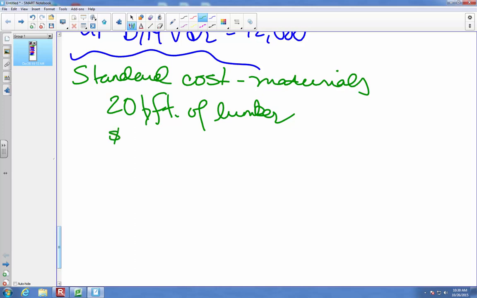Because it's scrap and really basically waste wood, I'm getting it for a dime per board foot. So you can easily see how much material should be in one crate. $2, right? 20 times 0.1, yeah.